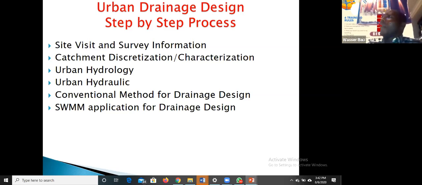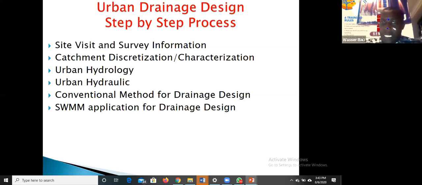Now, for instance, Abuja was designed in 1978. I think they used about 0.5 for the peak runoff for Abuja, from my experience.